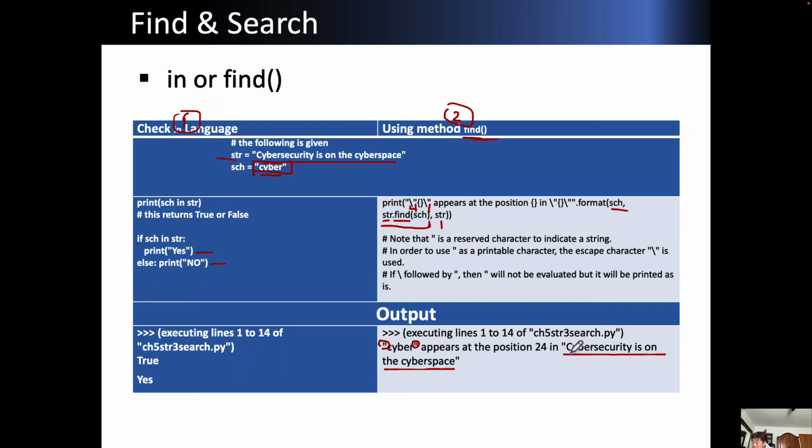If we count here, for example, 0, 1, 2, 3, 4, 5, 6, 7, 8, 9, 10, 11, 12, 13, 14, 15, 16, 17, 18, 19, 20, 21, 22, 23, and then 24. Position 24 is where it appears.